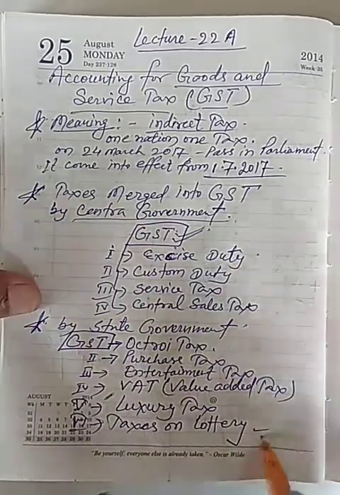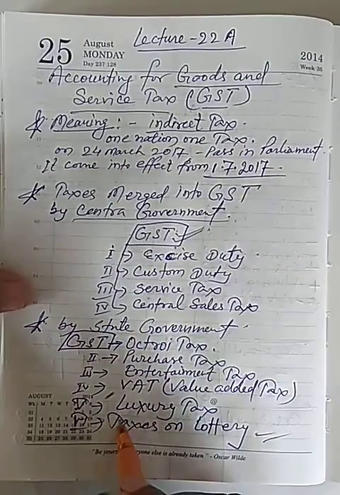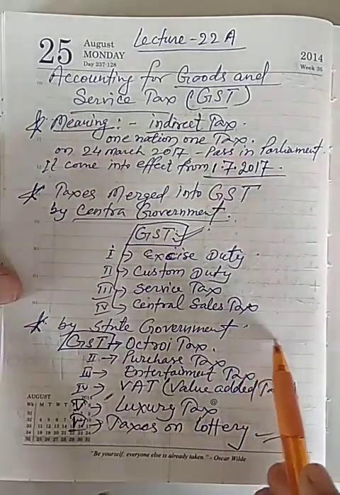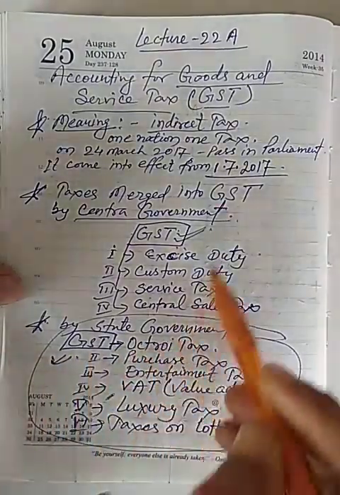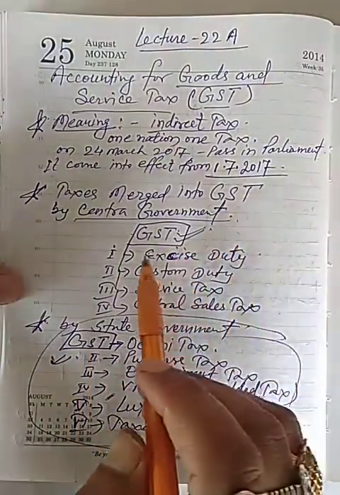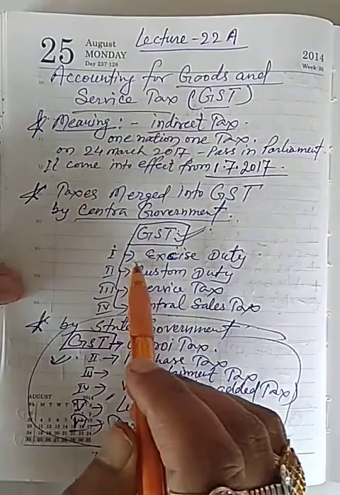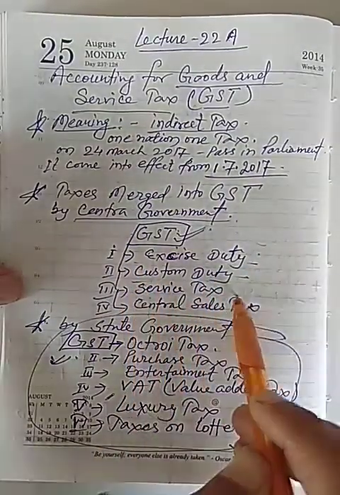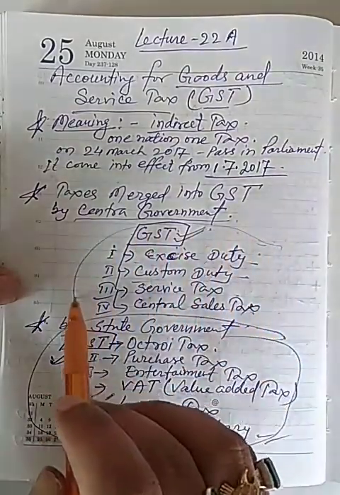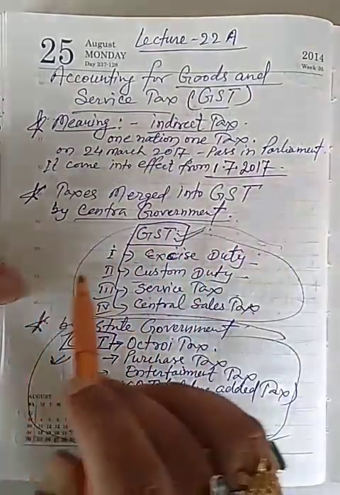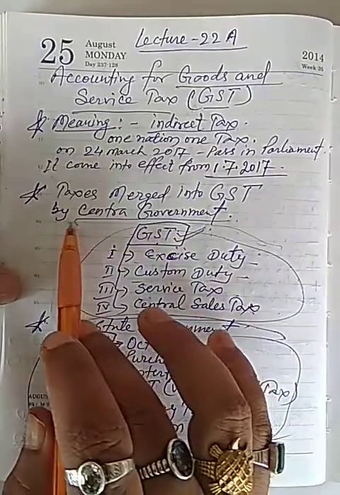So these are the taxes merged by the state government in GST, and the four taxes excise duty, custom duty, service tax, and central sales tax are merged into GST by the central government.